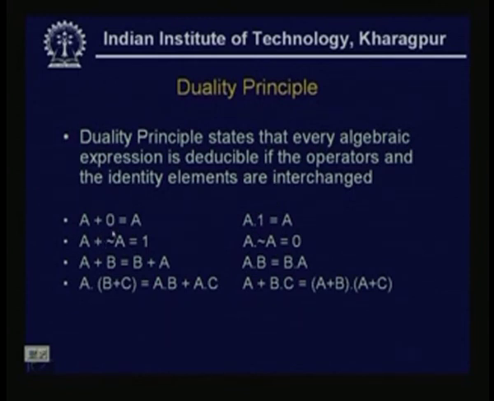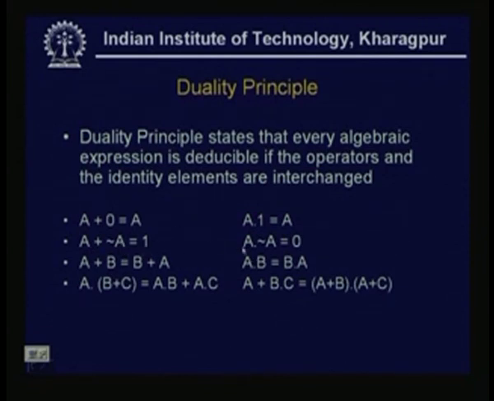So, if we take a plus 0, this is equal to a, because 0 is the additive identity. Now, if we replace plus by dot and 0 by 1, we will get the same thing. So from the first expression, a plus 0 equal to a, plus is replaced by dot, 0 is replaced by 1. So, a dot 1 equal to a. Similarly, the second expression, a plus complement of a equal to 1.